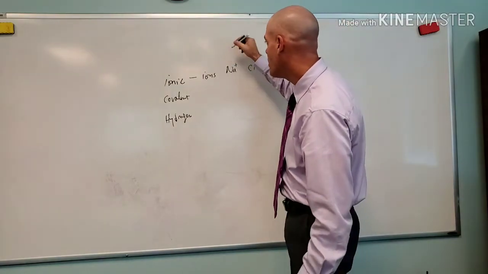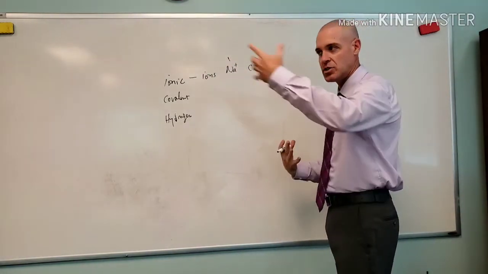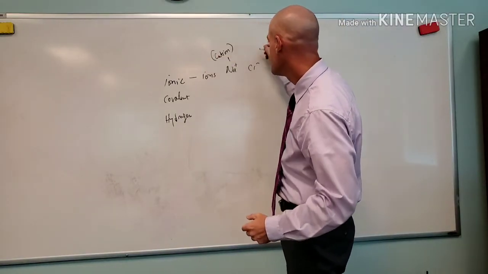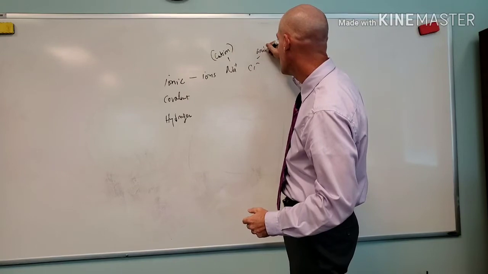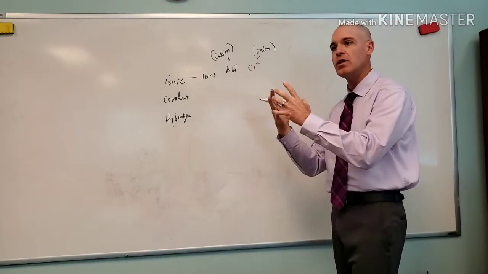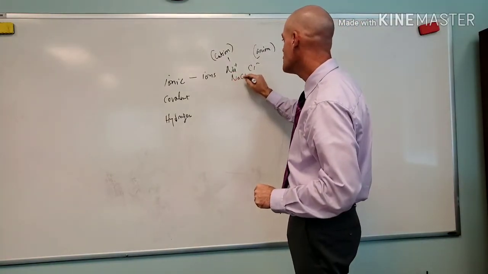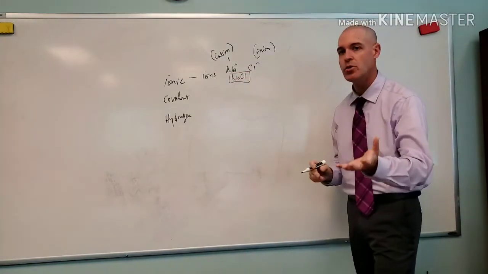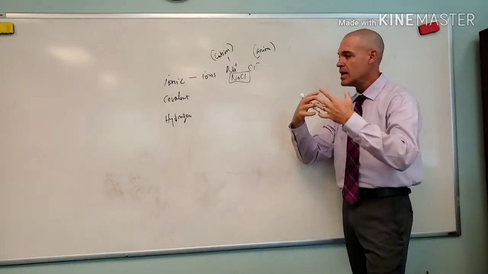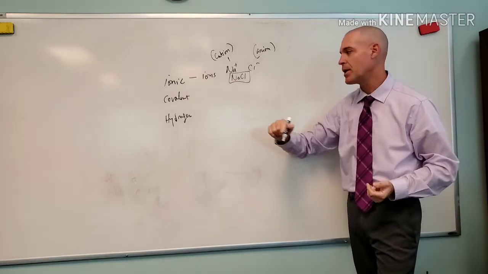These are ions because they're charged. We can go a step further: we can call the positively charged a cation and the negatively charged an anion. Naturally occurring in the body, these are going to want to bond. So when they bond, in this case, we get NaCl, sodium chloride, which contains an ionic bond. It's a weak bond. It breaks up very easily, but it is nonetheless a bond.